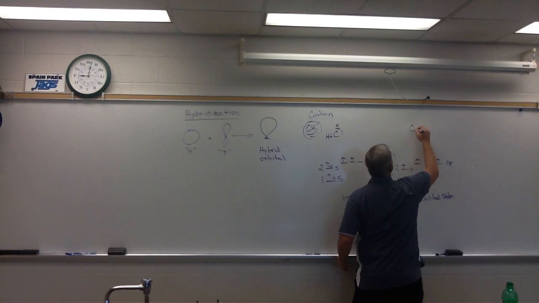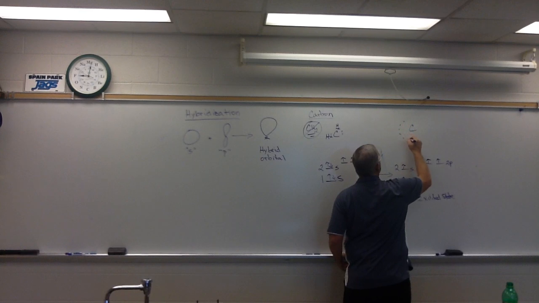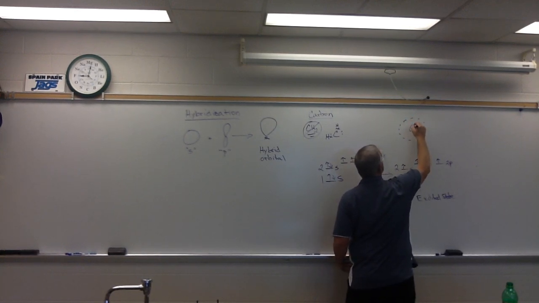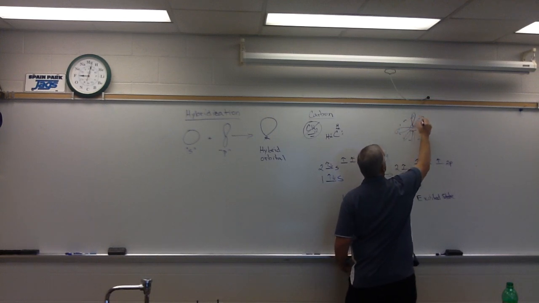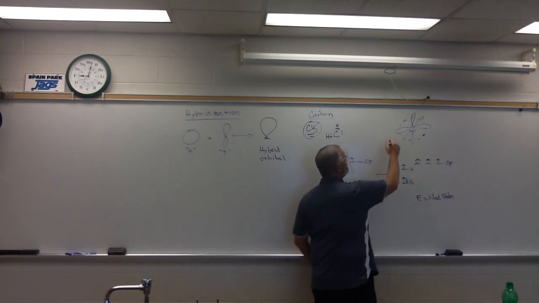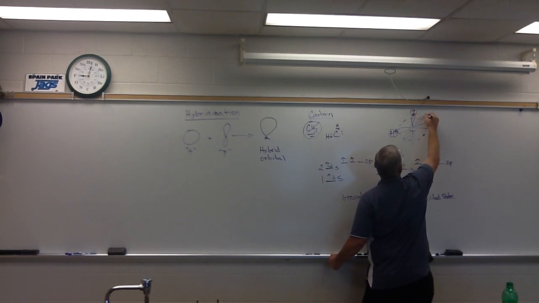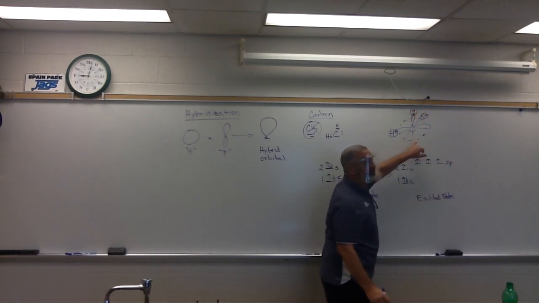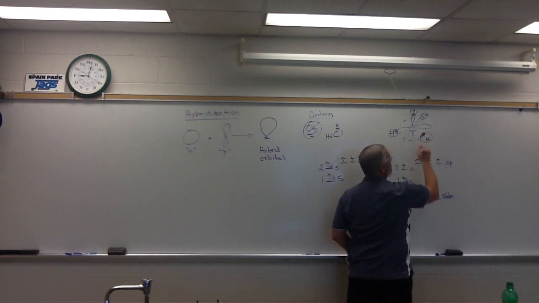But if we look at the geometry of the orbitals, I'm not going to do the 1s. There's the 2s, and then we have our 2p, x, y, and z. We got 1 electron here, 1 electron here, 1 electron here, and 1 electron floating around there. So the hydrogens could come in and try to overlap there, overlap here, but these p orbitals are going to make it very difficult for a hydrogen to come in and overlap here.